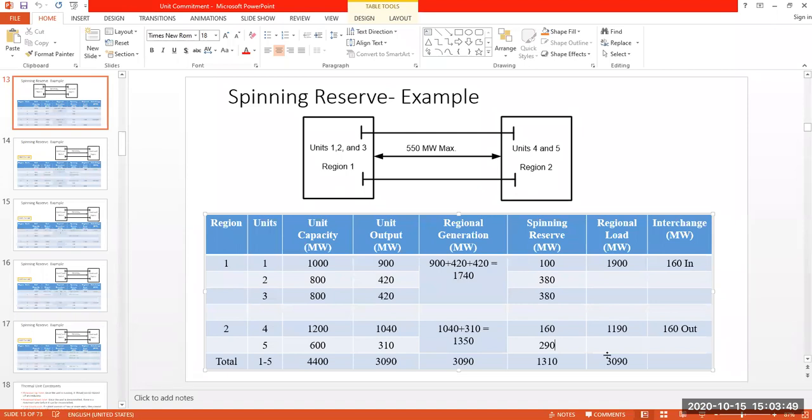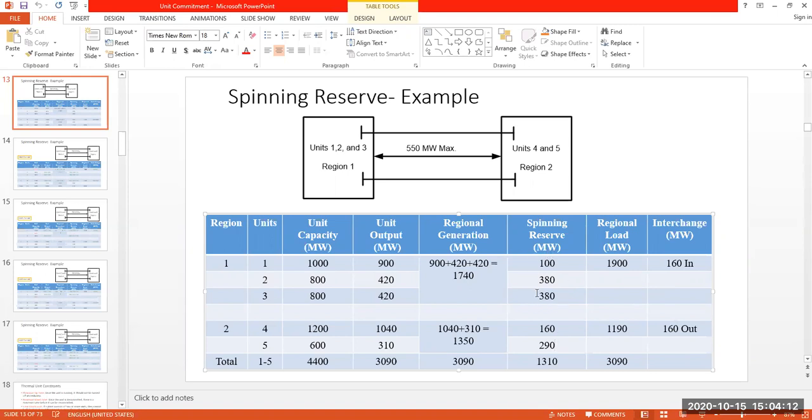Yes. What is your final target? Your final target is to make this 3090 equal to this. So although currently in this case region 1 is taking power from region 2, it has some capacity of its own.